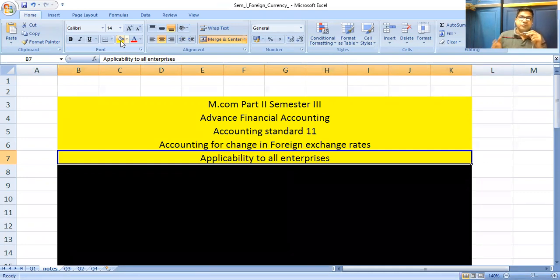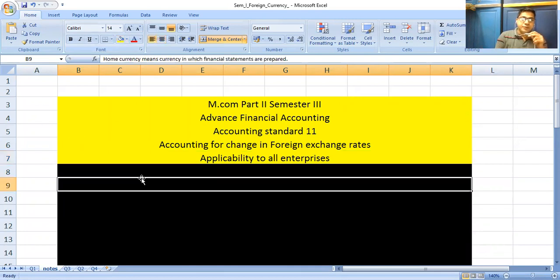Such companies follow Accounting Standard 11. It means it is applicable to all enterprises and companies in India.